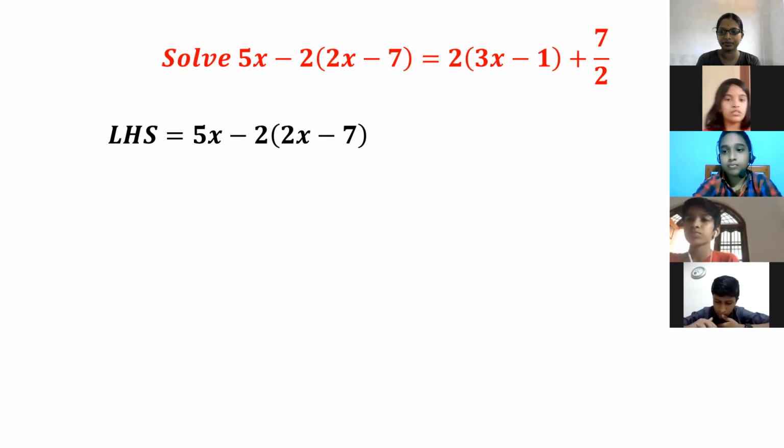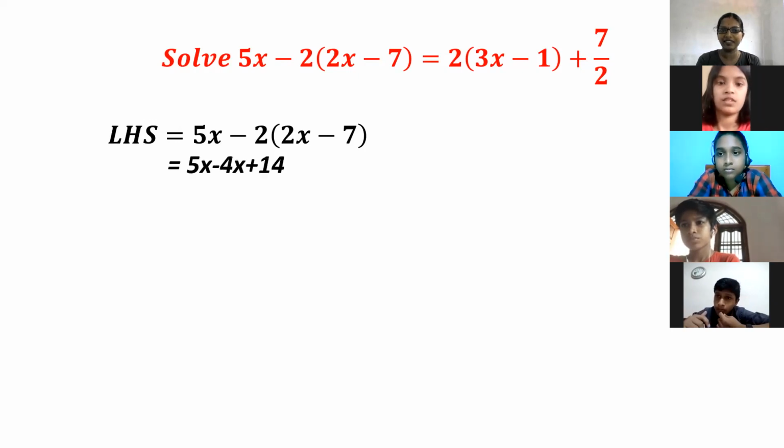Then how will you open the bracket? What happens when you open the bracket? Then the LHS becomes 5x - 4x, where 2 into 2x is 4x, plus 14. Why is this plus 14?